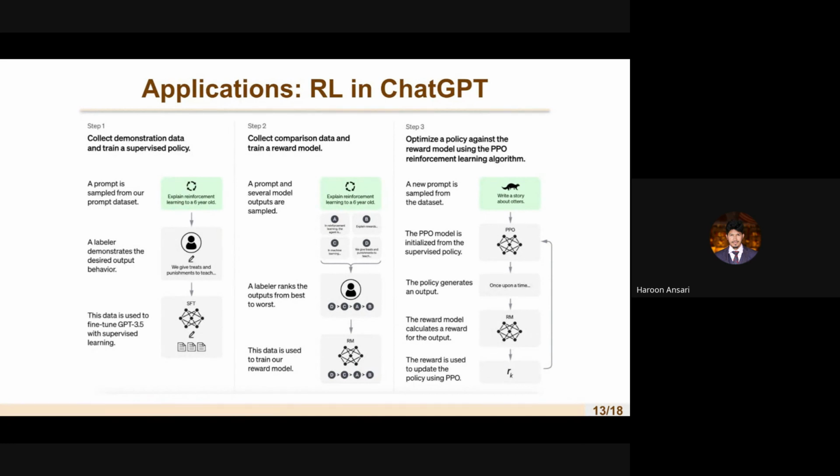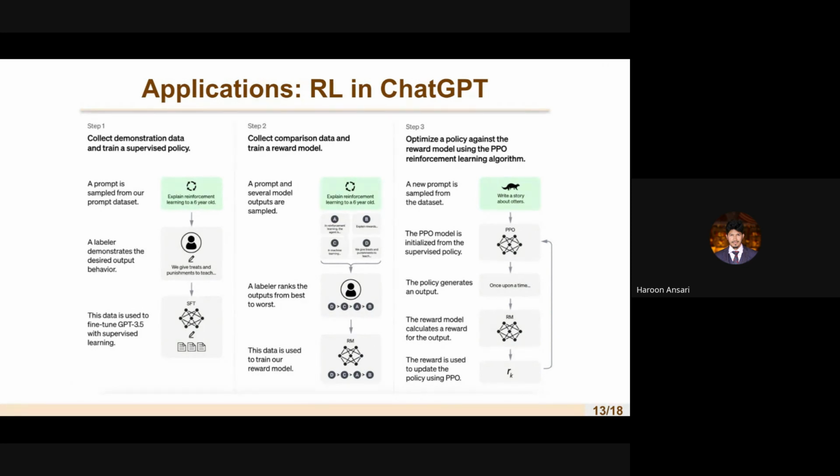To learn the reward model, they provided a prompt to the agent, this pre-trained model, and it output a response. They fed the same prompt multiple times and collected 4 or 5 responses of the model.